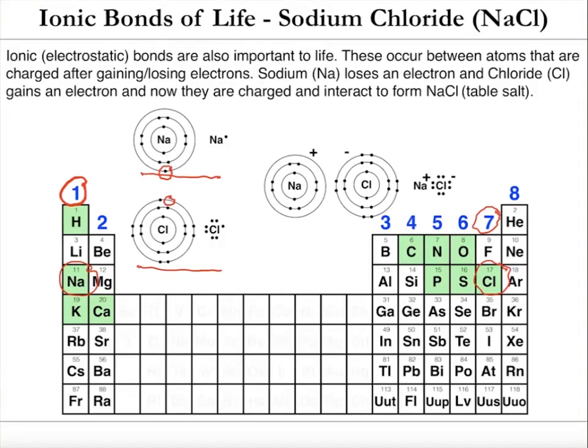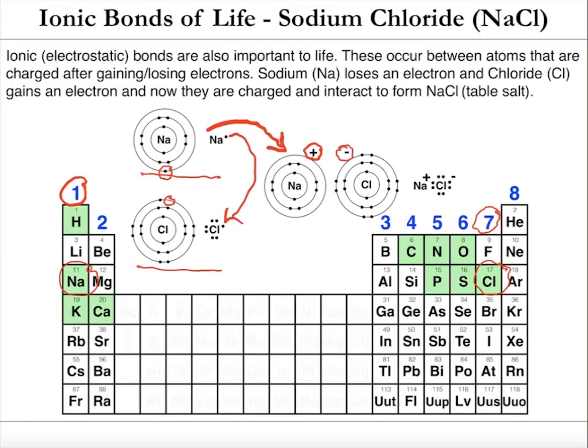But instead of sharing those electrons, sodium is going to lose that electron and become positively charged. And then chlorine is going to gain that electron. So that electron from sodium is going to be donated to chlorine, and it's going to carry a negative charge.